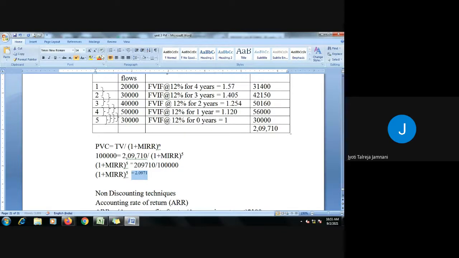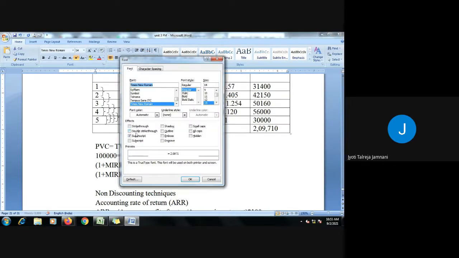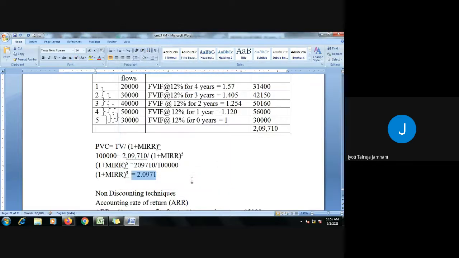Okay, now that raised to 5, we have to get it on the other side. So it will become raised to 1 by 5. So 1 plus MIRR will be equal to 2.0971 raised to 1 divided by 5. So in your calculator, you have to use that cone sign for raised to or the triangle sign.